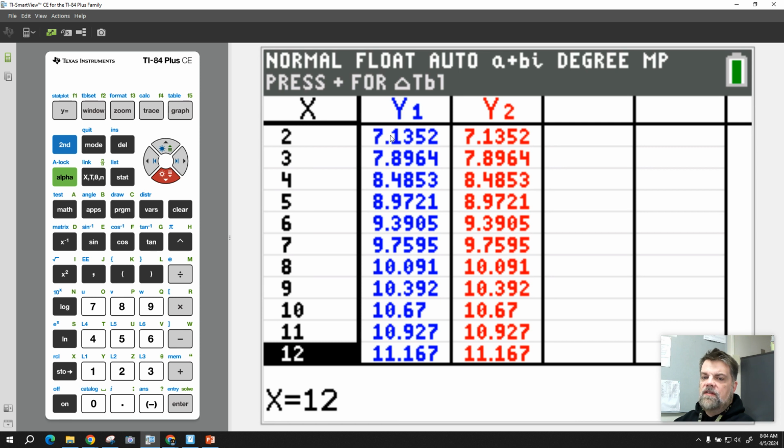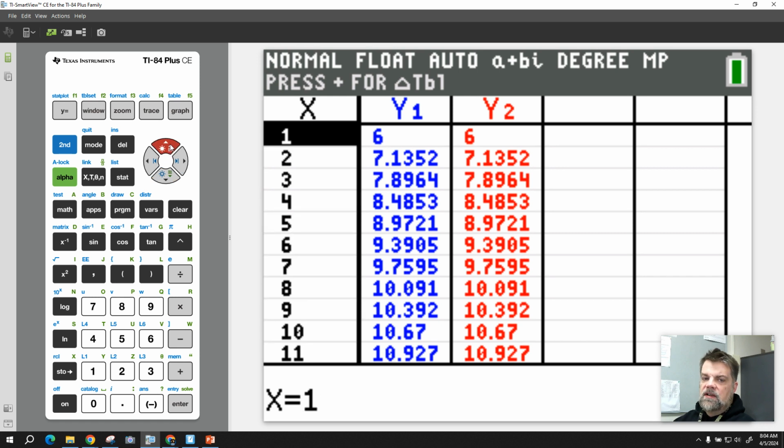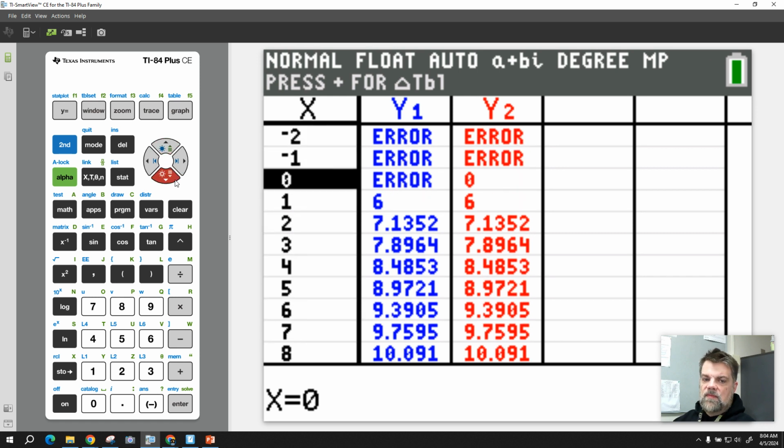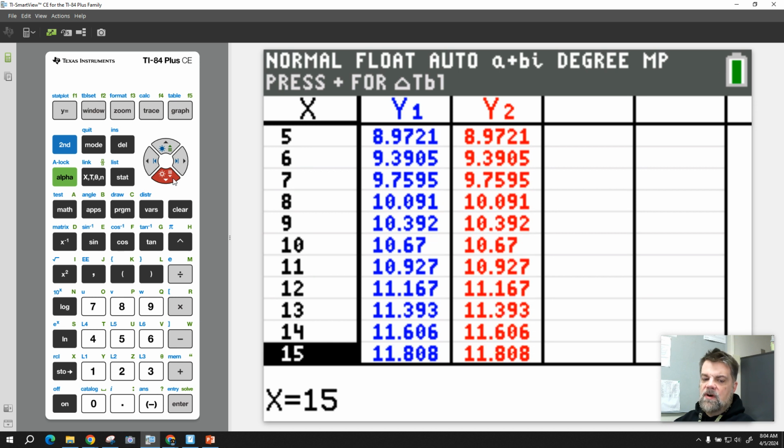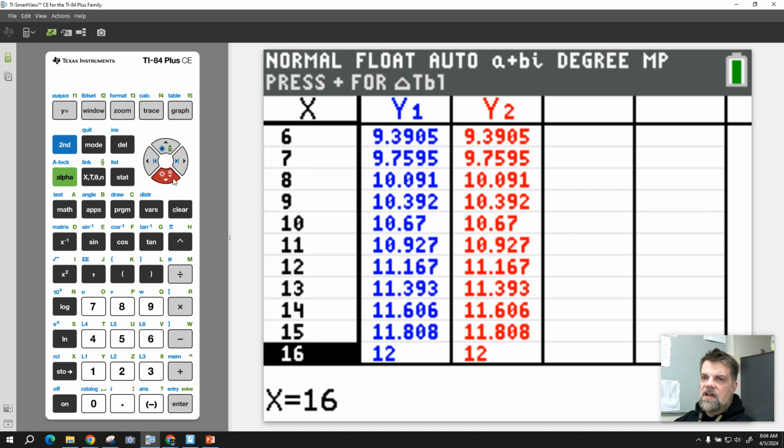First of all, notice that all of the blue numbers equal the red numbers, right? So we did the composite function correctly. The only difference is right here. Remember, I can't have 0 in the denominator, so before I simplified everything, that original function we put in there, 0 makes the denominator equal 0, so that's an issue. But we're really looking at the red values because that's the composite function. Okay. So anyways, we want to know what it is when you plug in 16. It should be 12, right? Ta-da! There it is.